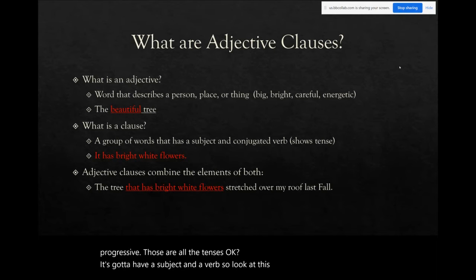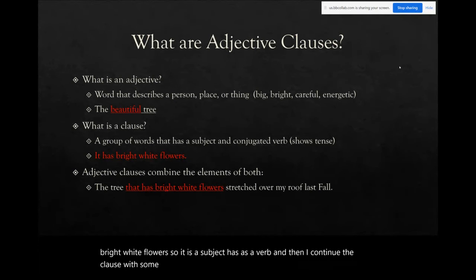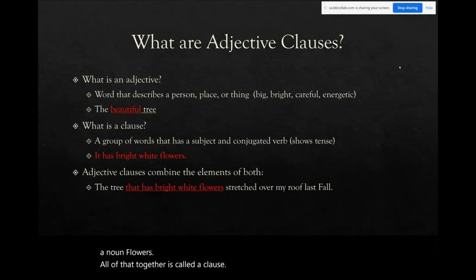This is a clause. It has bright white flowers. So it is a subject, has is the verb, and then I continue the clause with some other words. I've got adjectives like bright and white, and I have a noun, flowers. All of that together is called a clause. Okay, is everybody with me so far?